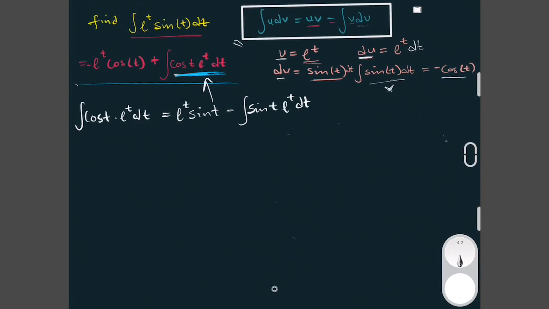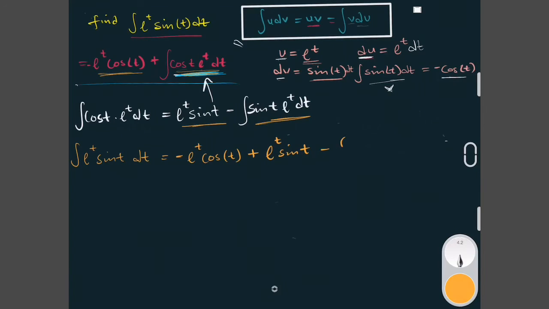So we can write our problem as the integral of e to the t sine of t dt is equal to e to the t, this part, which is equal to negative e to the t cosine of t plus this, which is e to the t sine of t minus the integral of sine of t e to the t dt.